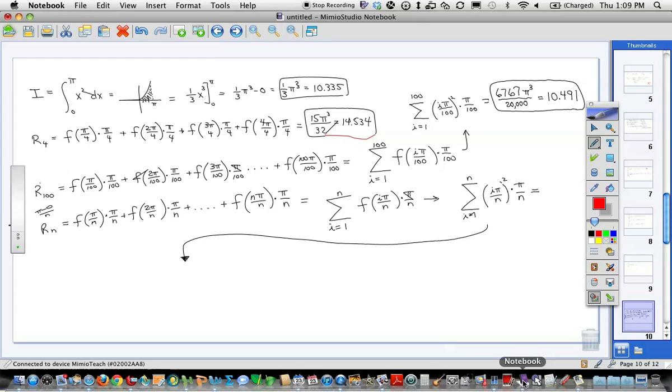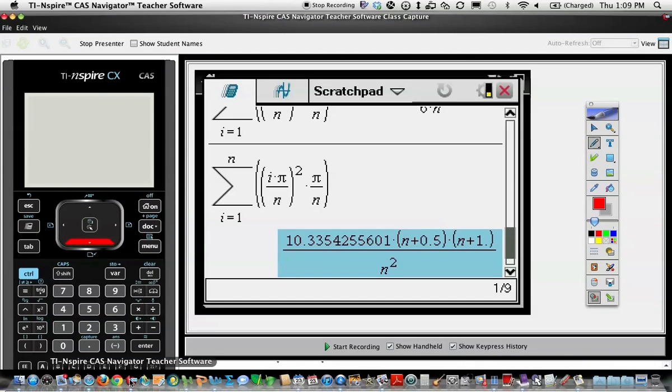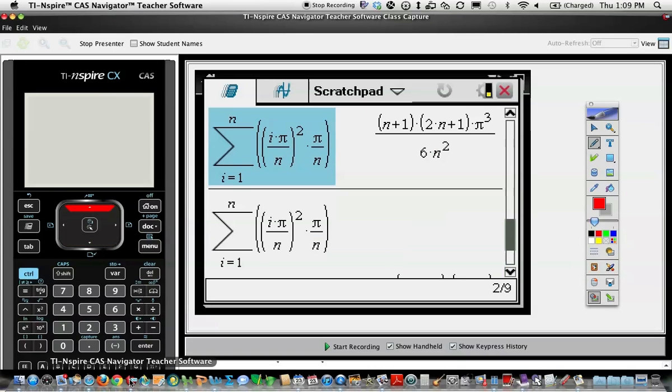What do you get? Do you want to do it? No. It'd be good without decimals. There we go. Okay, so I'm going to write the pi cubed first, but that doesn't really matter.